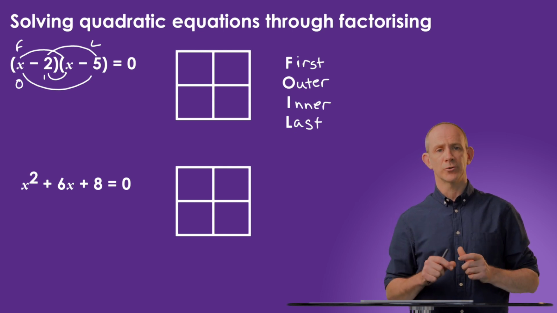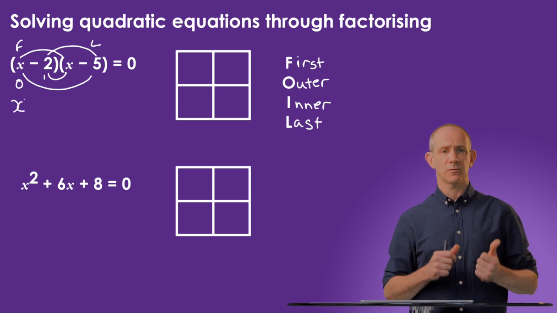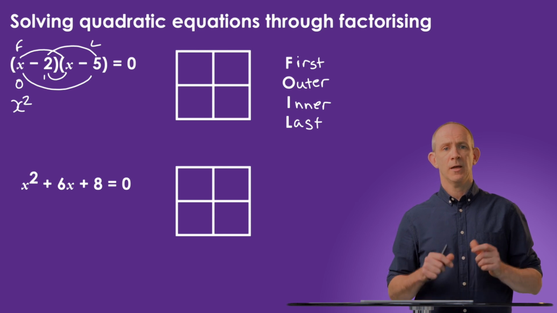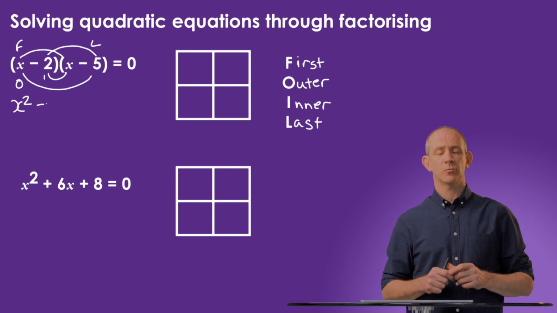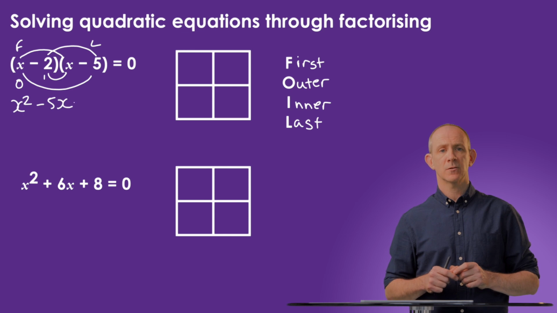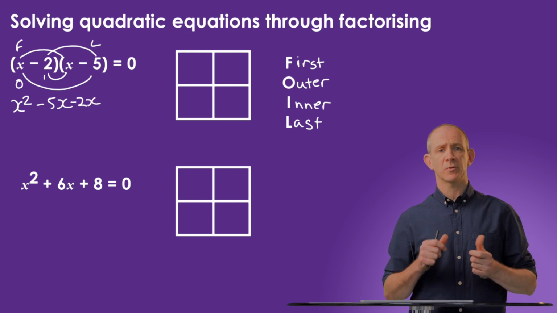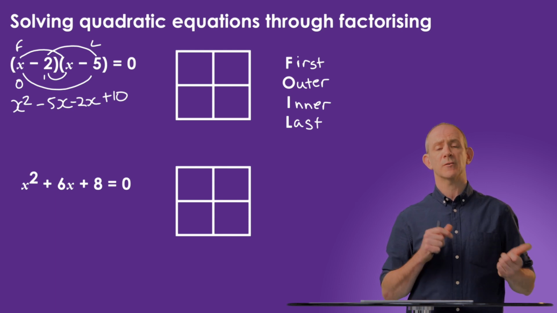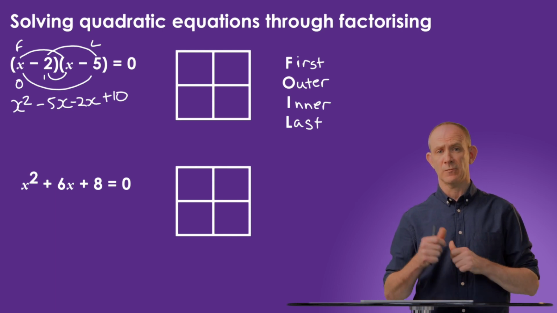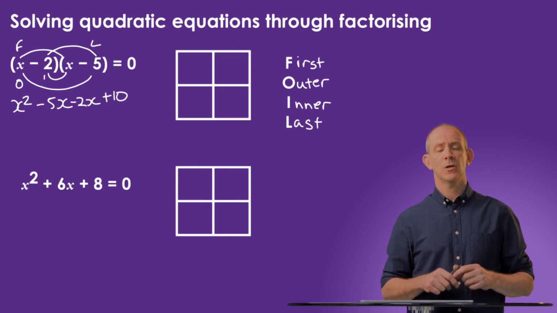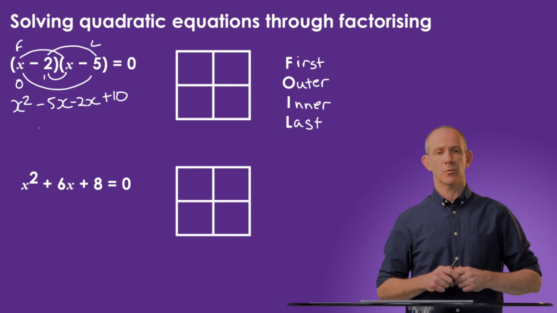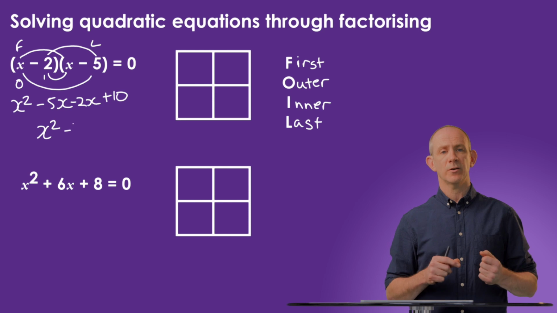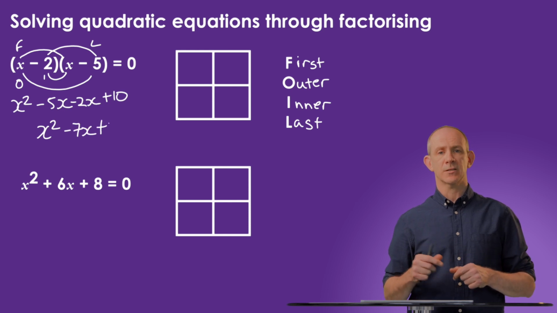So if we do these in order, we get x times x, which gives us x squared, x times negative 5, which would give us negative 5x, negative 2 times x, which would give us negative 2x, and negative 2 and negative 5, which give us positive 10. Negative times negative gives us a positive. We can then combine these two like terms that are in the middle to get x squared minus 7x plus 10.